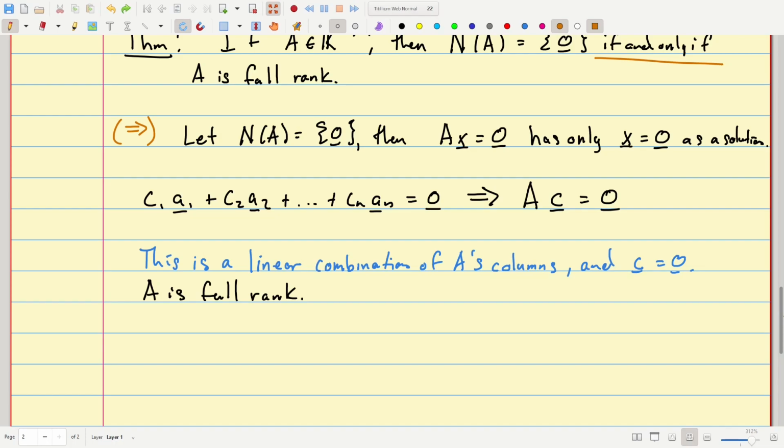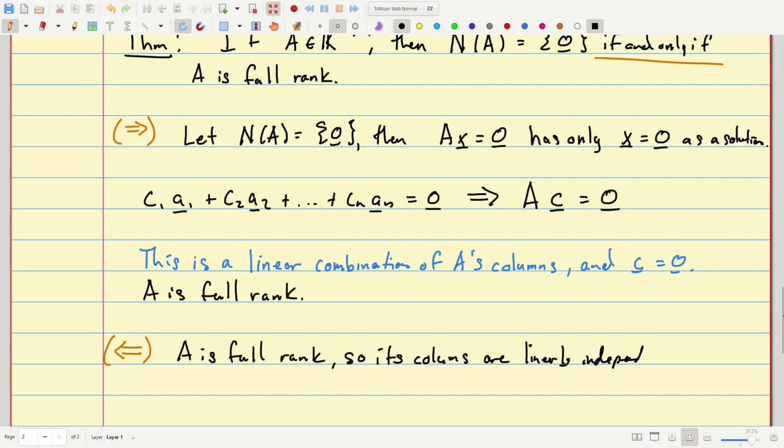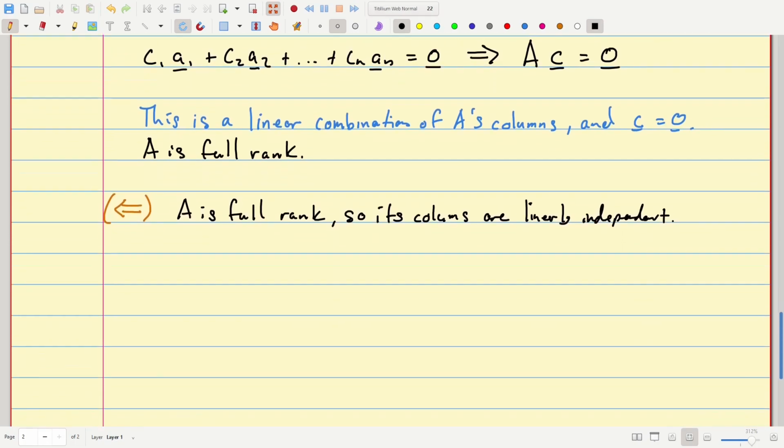Okay. Now, this proof going backwards is basically the same. We have A is full rank, so its columns are linearly independent.